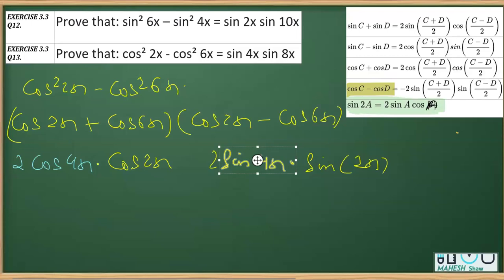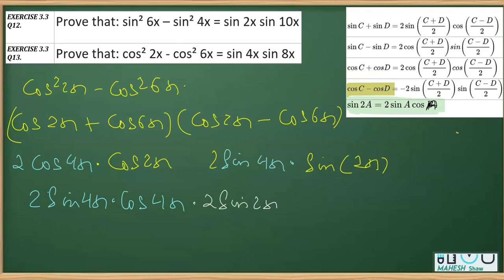Now, enclosing them, first I can see this is 2 sin 4x into cos 4x, and the remaining, which is 2 times sin 2x into cos 2x.